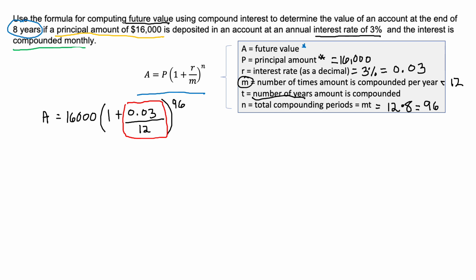That gives me a value of 0.0025. Now I'm going to bring everything else down so I can keep my problem nice and organized, and so I don't lose any values or any steps.